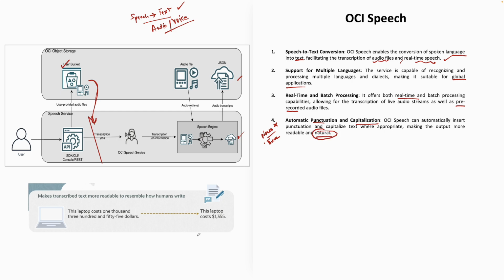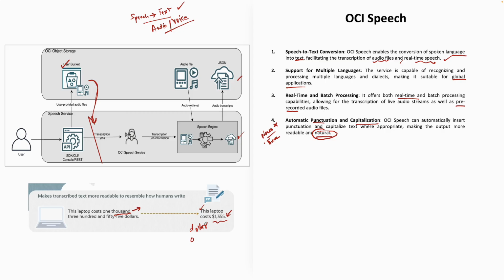Now another good thing about natural, we'll see in this example. Let's say the user is saying this laptop costs $1,355. So if you see, it starts with a capital letter and ends with a punctuation, which is a full stop. But the other good thing about natural, which I want to describe, is that it is not writing this laptop costs dollar one thousand three hundred and fifty-five in words.